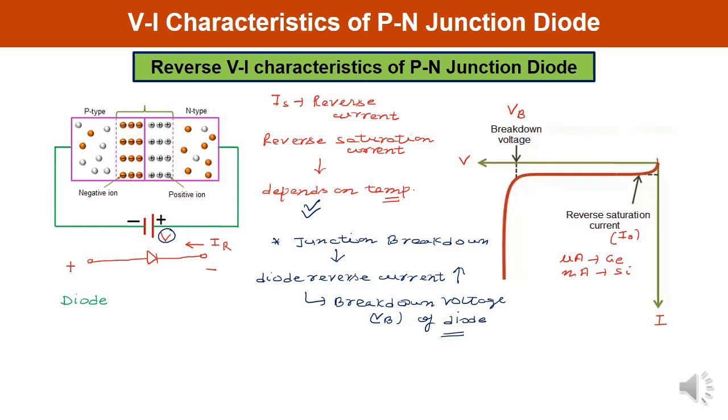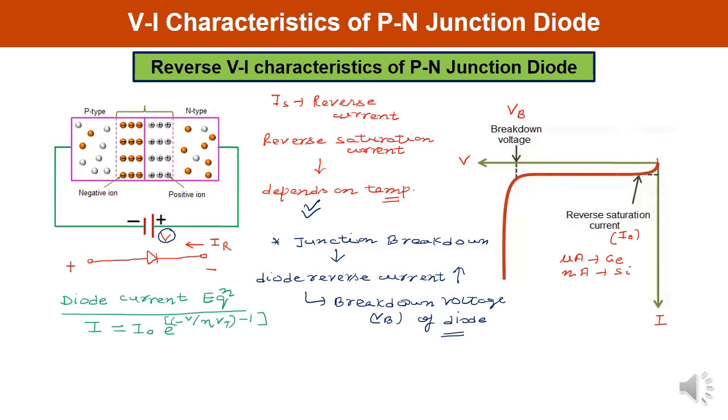Diode current equation. Diode current equation is I = I naught e raised to the power, here the term will be minus V upon eta Vt, minus 1.